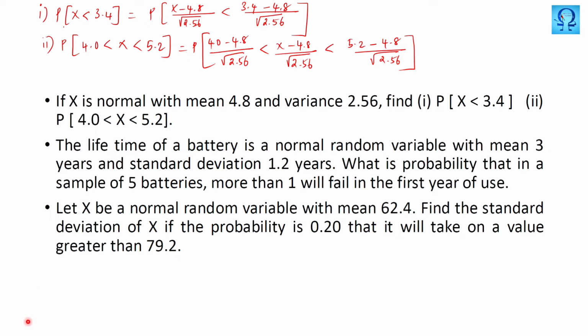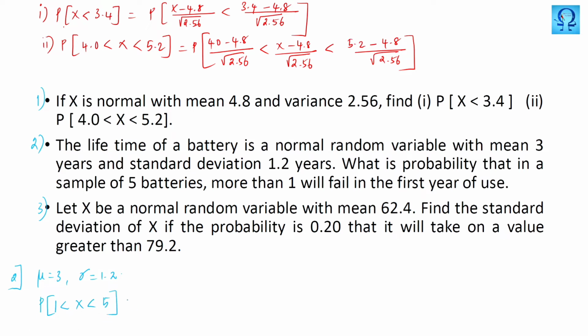First of all, what is our random variable going to be? Let me name the questions as 1, 2 and 3. Now we are trying to solve 2. Our mean is 3, standard deviation is 1.2. We need to find the probability that more than one will fail in the first year of use. So at minimum one should fail, and at maximum 5 can fail.